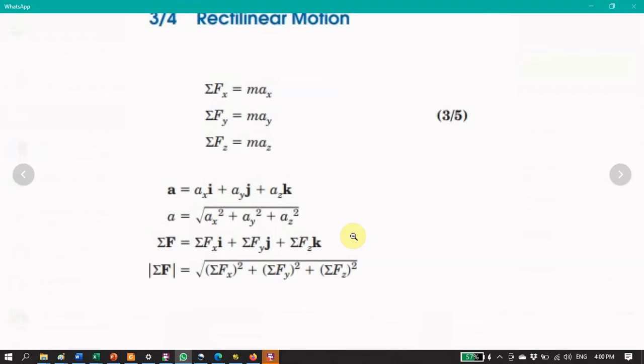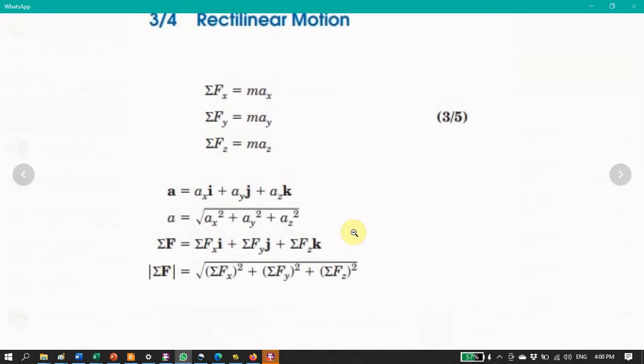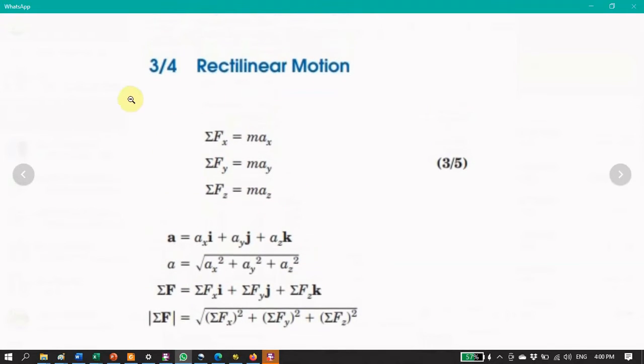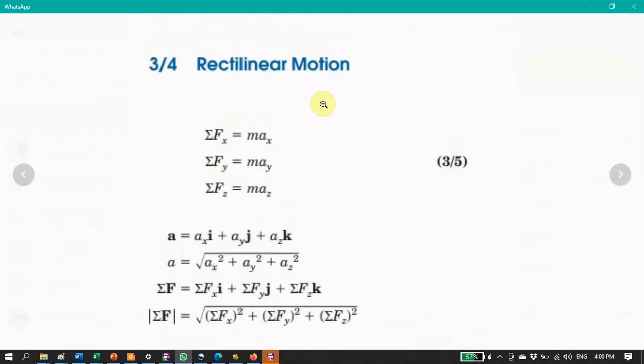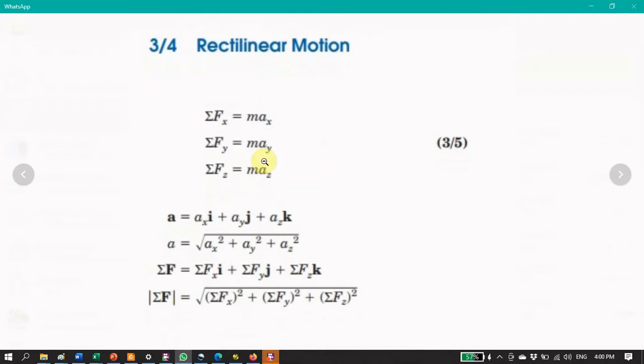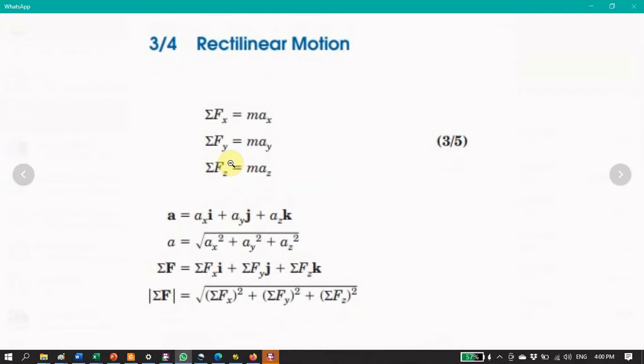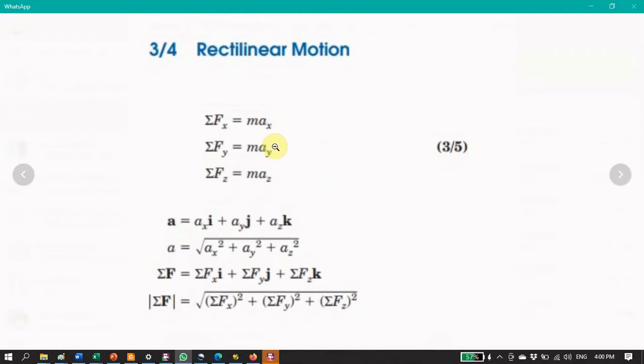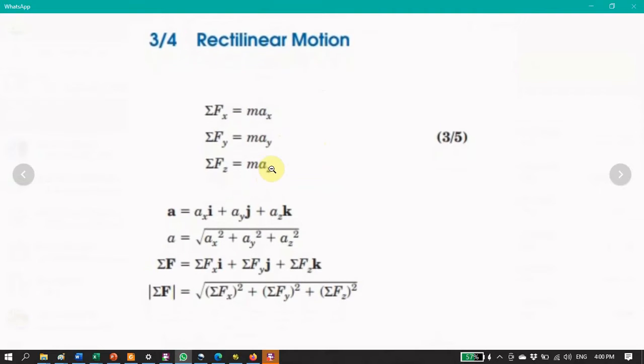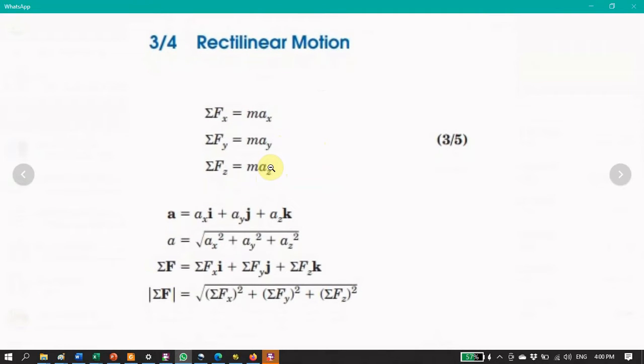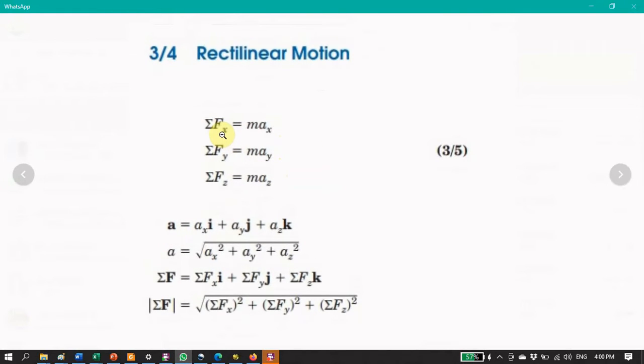Right. So if you look at equation 3.5, immediately there is a step that has not been mentioned to you after we model the system as a particle. Here they don't mention the frame of reference, where we define the coordinate system. So for rectilinear motion, if we identify the particle as having rectilinear motion, the next step is to identify the coordinate system.